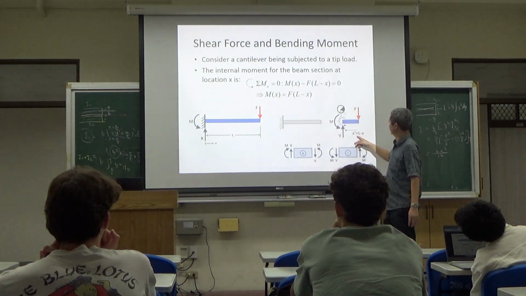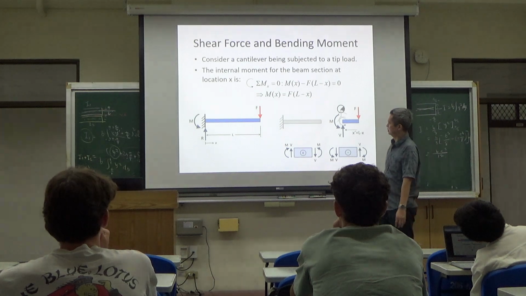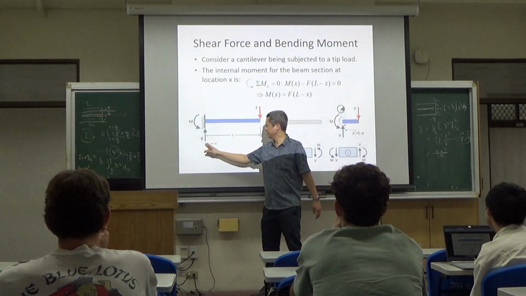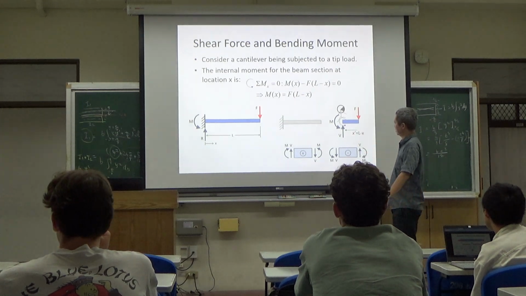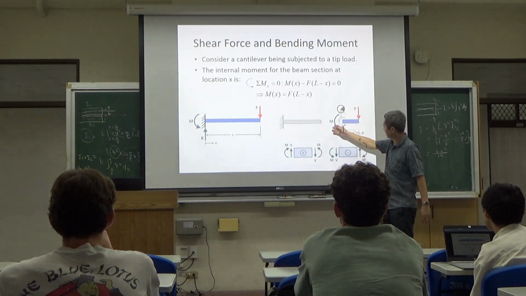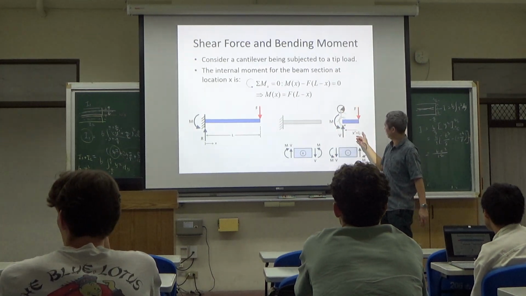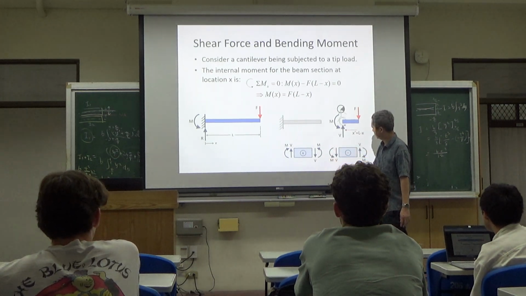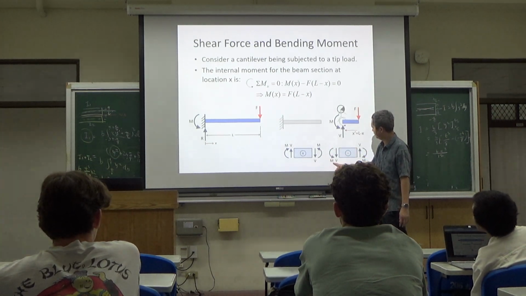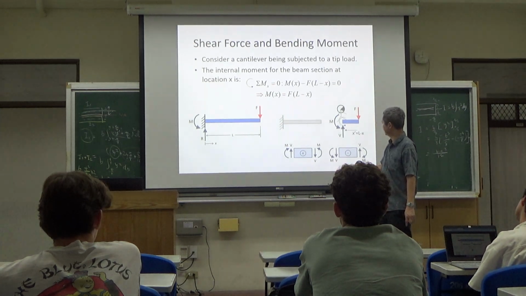If you make a cut there, x prime from the free end, then once I make a cut at x prime, you're going to replace the cut by the bending moment M and shear force V.